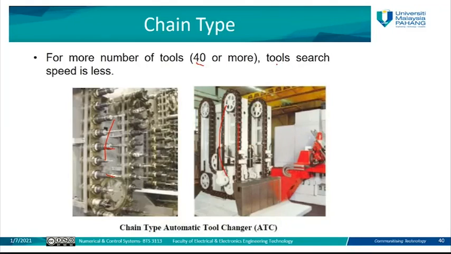The tool search speed here is lower because we have more tools and also different chains. So we go through the first set, the second set, the third set, and so on. Each set has a limited number of tools. So when the command comes to the machine for a specific tool, it has to search through this large number of tools in order to select the required one.